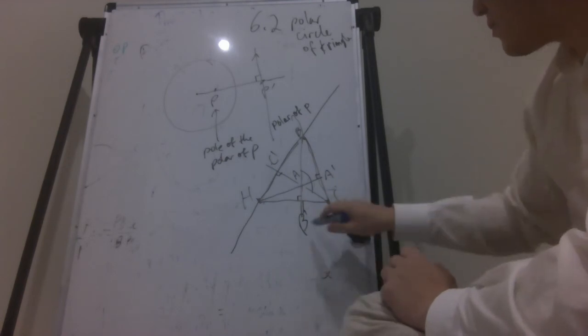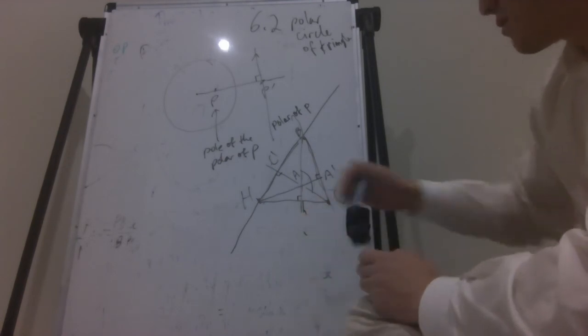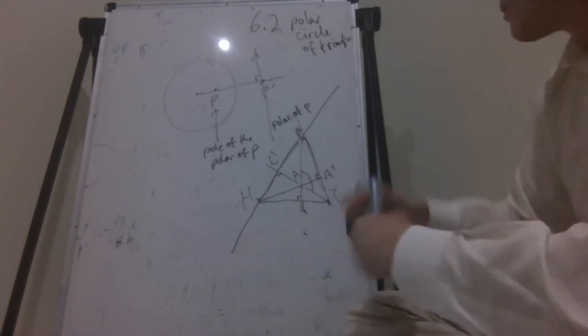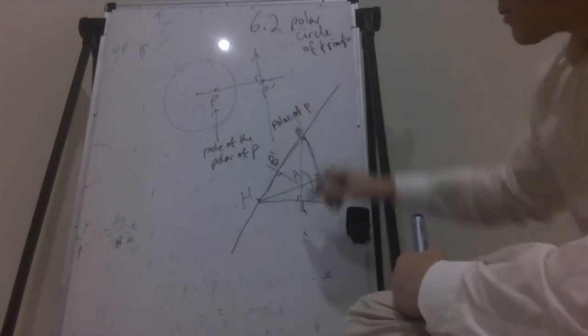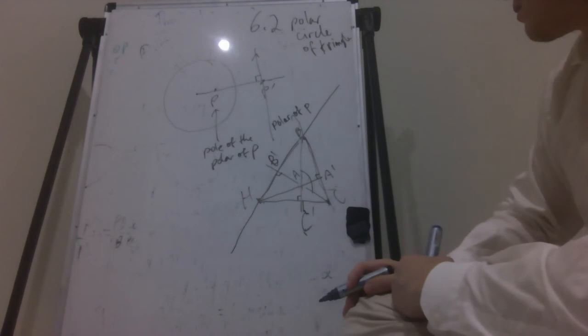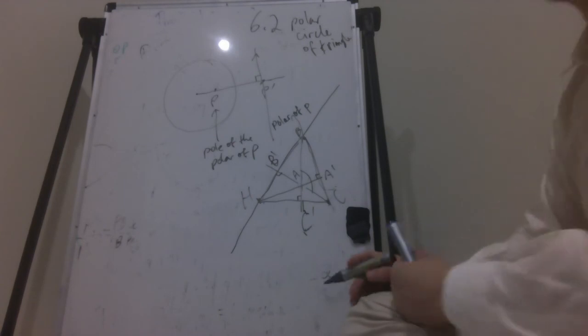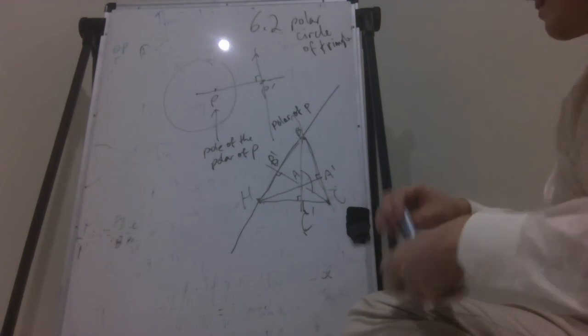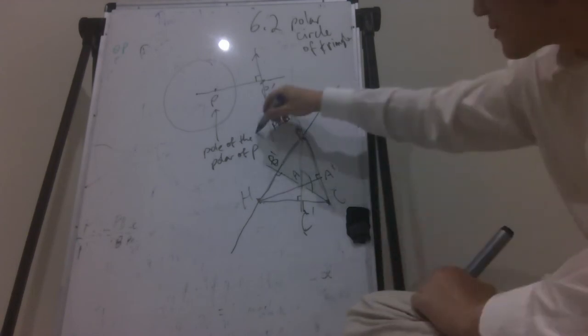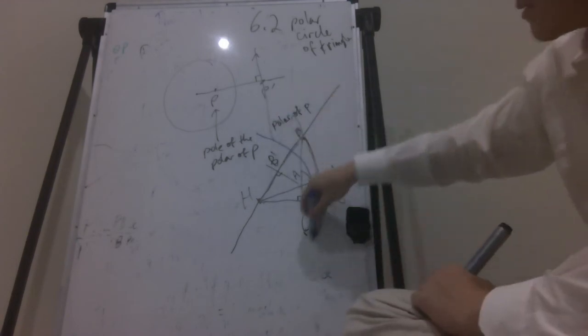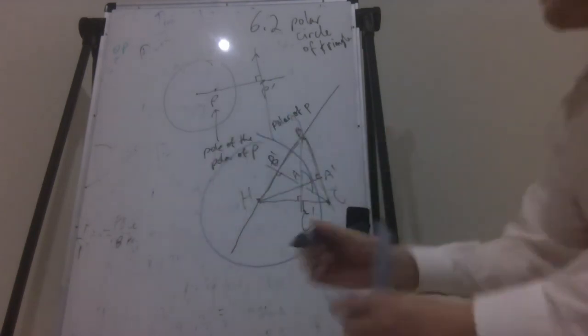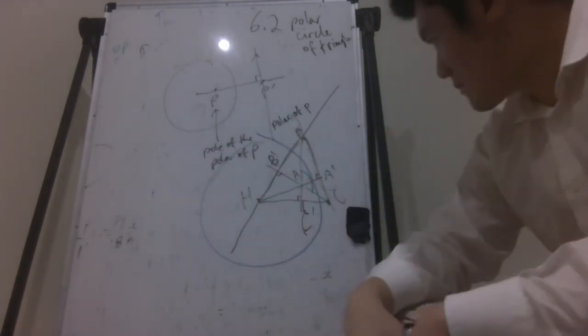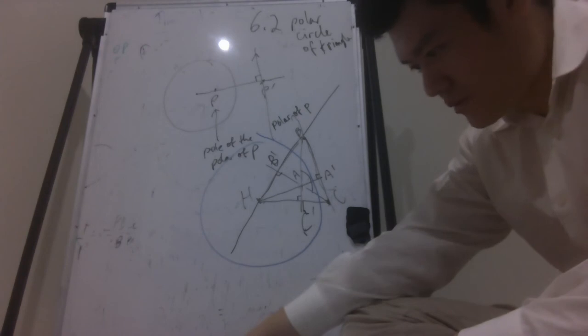I think this is C prime. This is B prime, C prime. Yeah, because that's drawn the same way. So this is a circle. Okay, this is what we got.